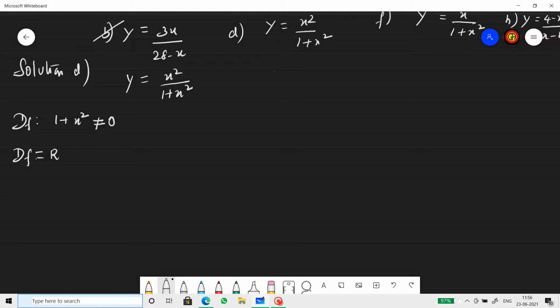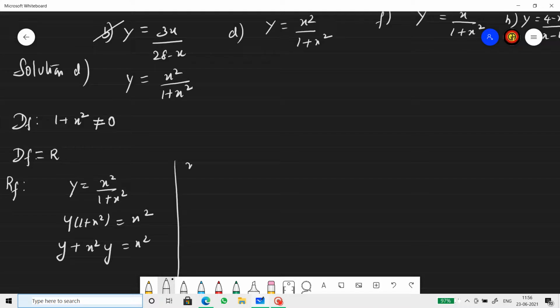Now what is the range? What is the range of the function? To find the range, let's write the equation once again. y is equal to x square by 1 plus x square. Take the denominator to the other side as there is no simplification left to do here. So 1 plus x square into y equals x square. So you get y plus x square y equals x square.